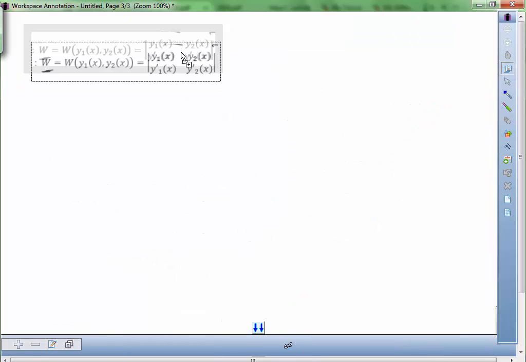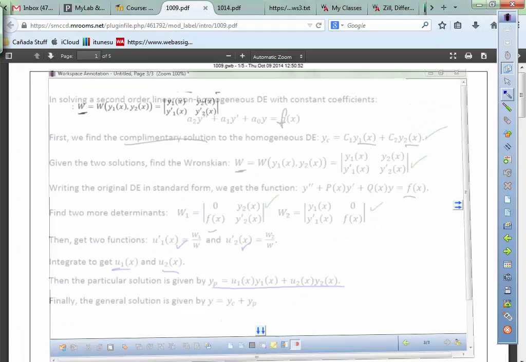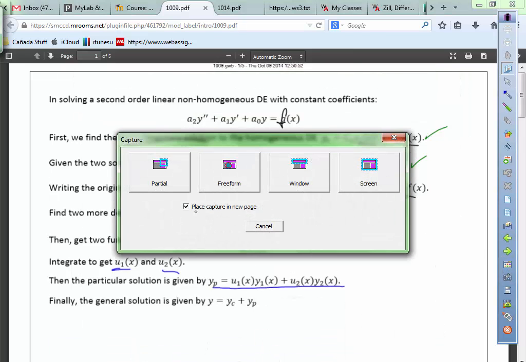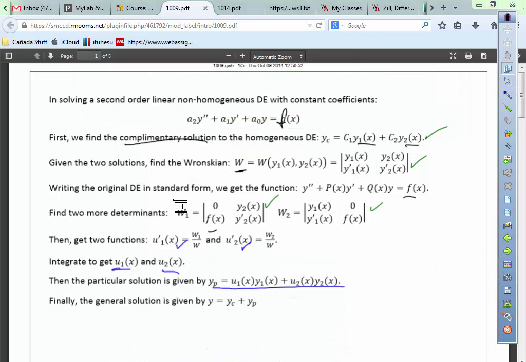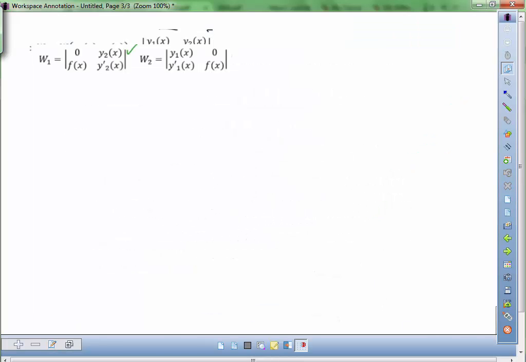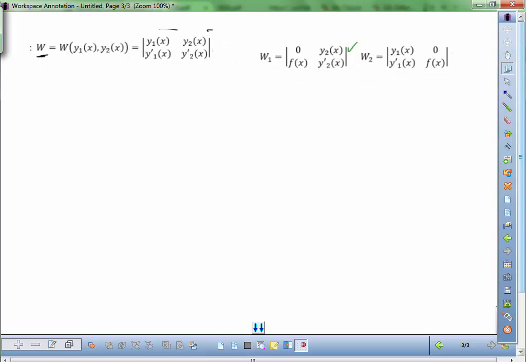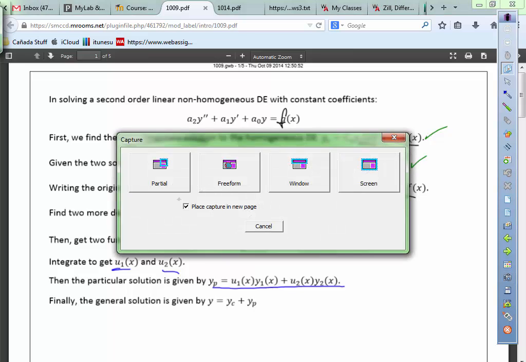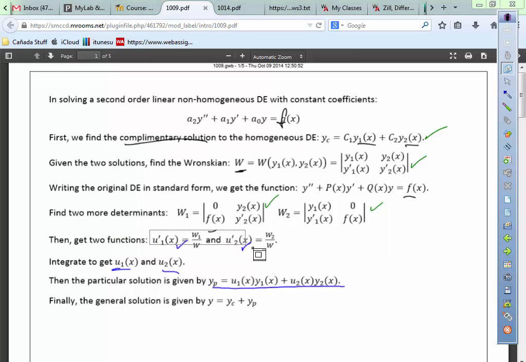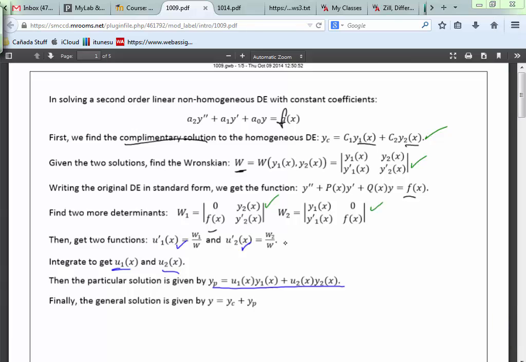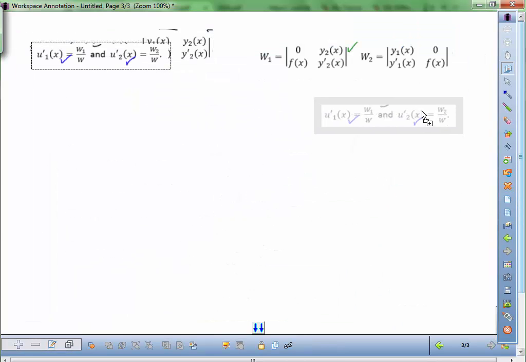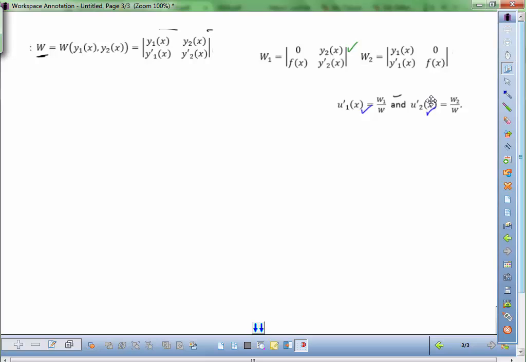We got this defined to be our W. We got our W1 and W2 defined by this. We have what we're calling our U1 prime and U2 prime equal to this.